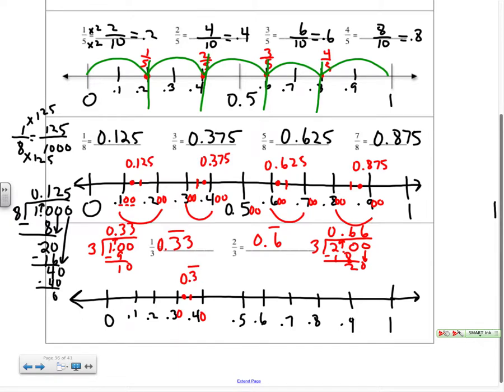And then I'm going to look for my 2/3. It's going to fall between 6/10 and 7/10. If I were to add that to the hundredths place, I can see that 66 falls just a little bit past the 65 hundredths mark. It'll go right there.